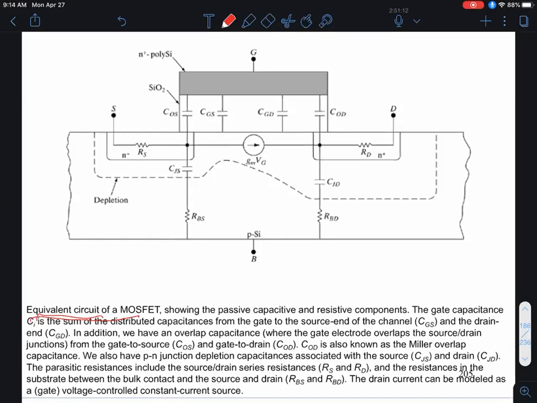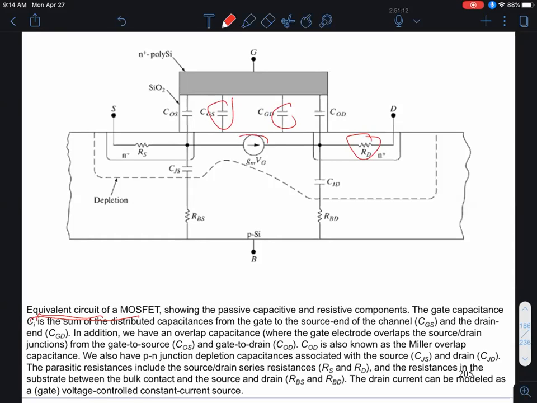So instead, what's done is you capture as much of the physics as reasonable and needed for your particular circuit application in terms of lumped resistors or lumped capacitors and so on and so forth. Okay, and that's what's shown over here. Now, the more physics you want to capture, the more of these lumped resistor capacitor elements that you have to put in, okay? But this shows some of the more important parameters, okay?